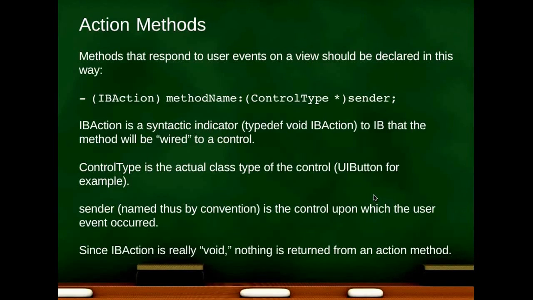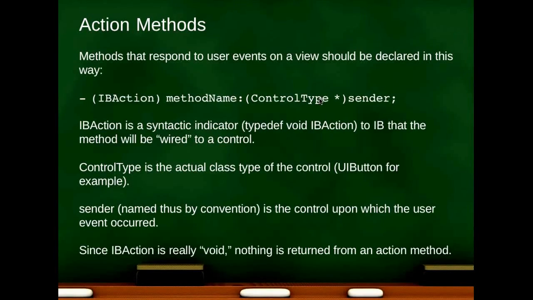Control type is the actual class type of the control. This could be a UIButton. It's whatever that control is that you dragged out onto the screen in Interface Builder. If it's a UISegmentedControl, a UITextField, UITextView, whatever that control's type is, use it here. It makes things a lot easier.